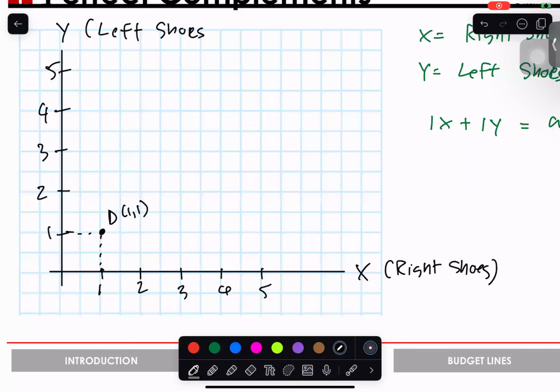You give her one more left shoe. In the picture, you move Bai Tơi to this spot. Since you give one more of good X, one left shoe, it changes from 1 to 2.